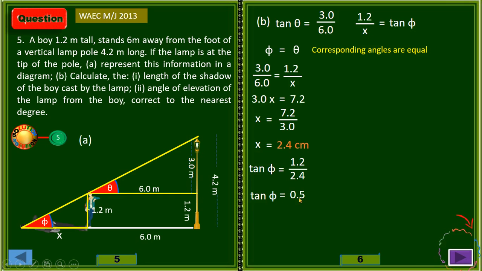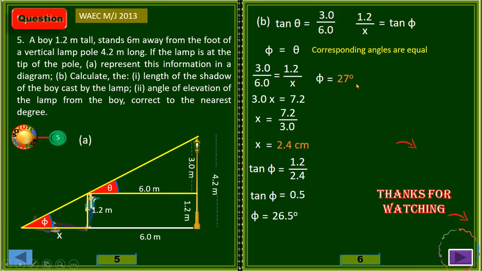Now we are going to use the calculator to find the arctan of 0.5. So phi will give us 26.5 degrees. Phi to the nearest degree will give us 27 degrees.